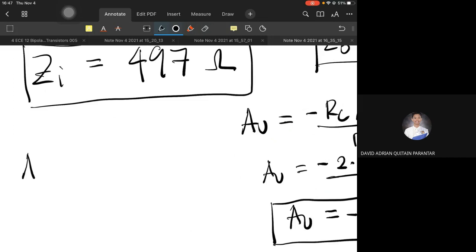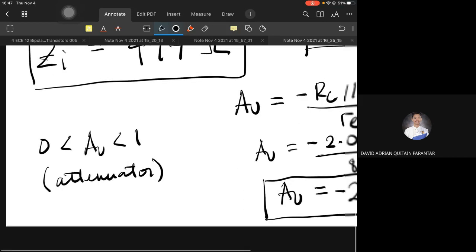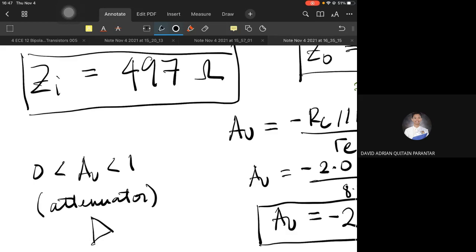Ang attenuator is if ang gain sa amplifier is in between 0 to 1, mao siya ang attenuator. Kung morning signal, nagamay siya, ni-attenuate.